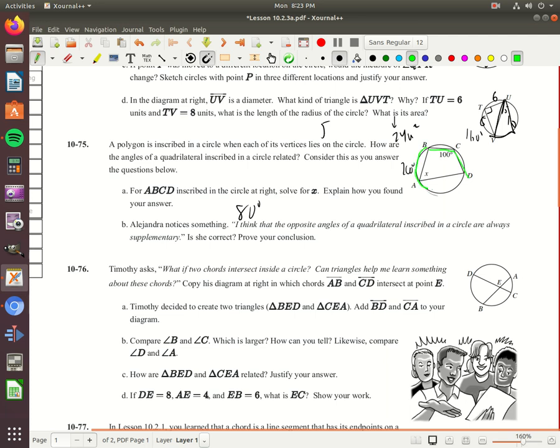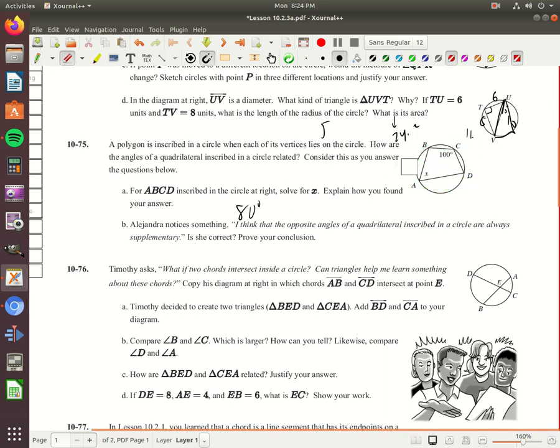So this part would be 200 degrees, right? Well, let's change to red. Then this part that's left has to equal 160 because there's 360 degrees in a circle. If I divide 160 by 2, I get 80 degrees. So that's how we know that that equals 80 degrees.